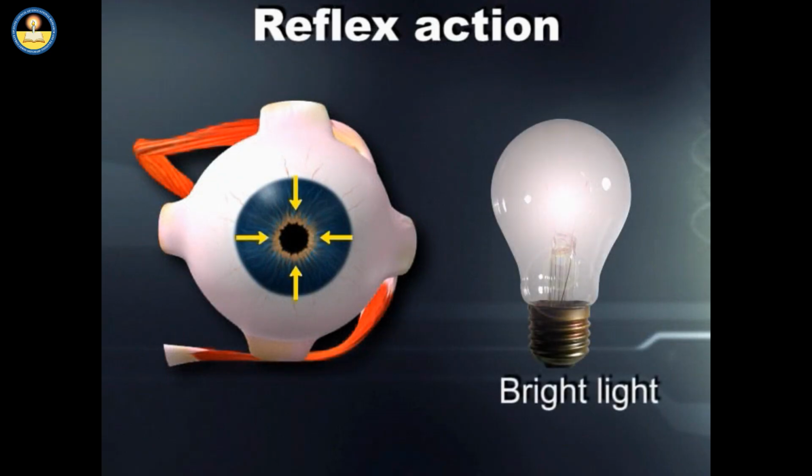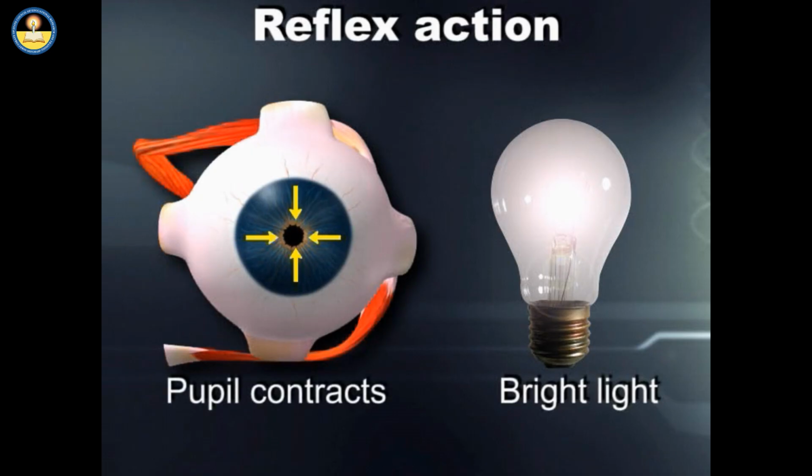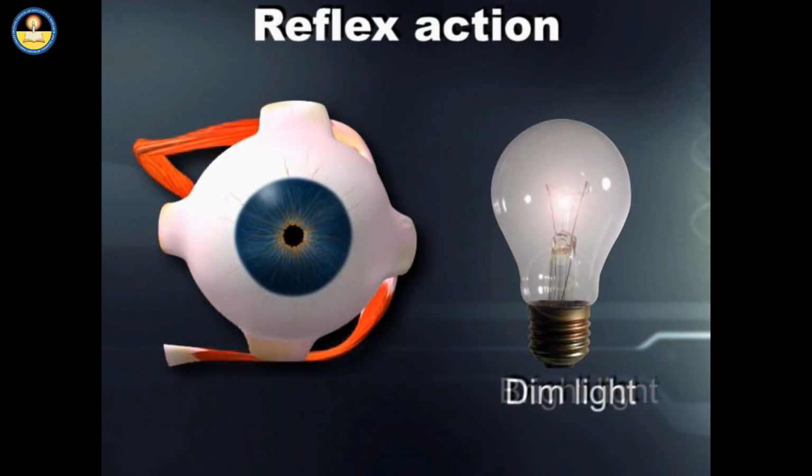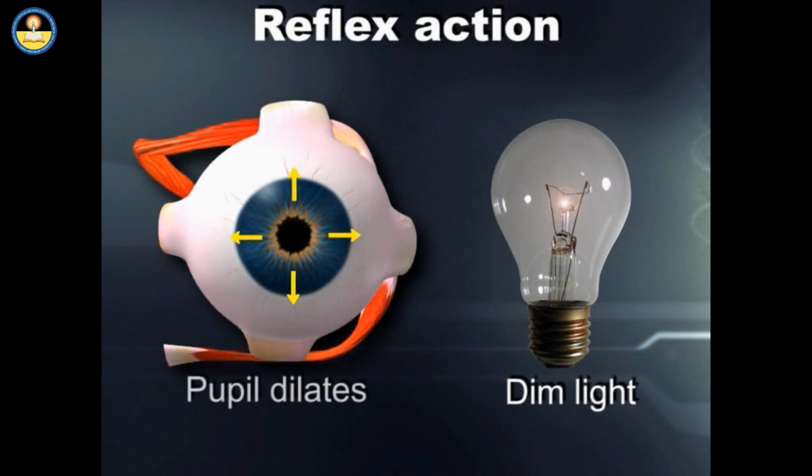In bright light, radial muscles relax and circular muscles of the iris contract. It helps you to protect your eyes as less light enters the eye through the contracted pupil. In dim light, radial muscles contract and circular muscles of the iris relax. The aperture widens and more light enters the eye through the dilated pupil.